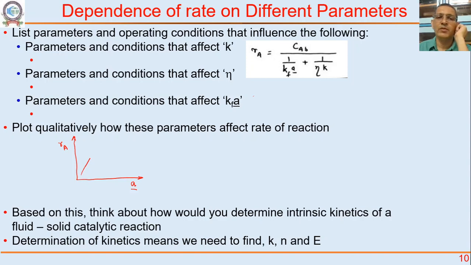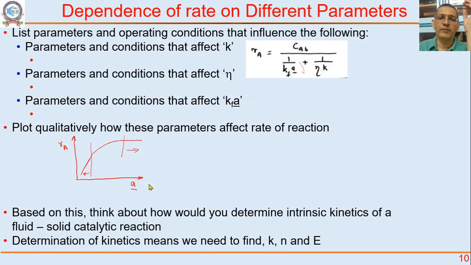But as A bar goes up, the overall volumetric mass transfer coefficient becomes larger and larger, and the external mass transfer resistance contribution becomes less and less. Then the rate approaches some constant value independent of A bar. So here the reaction is mass transfer limited. Here the reaction is pore diffusion and kinetically limited.